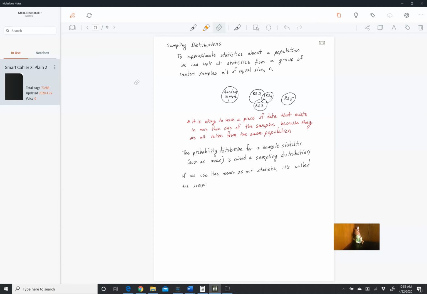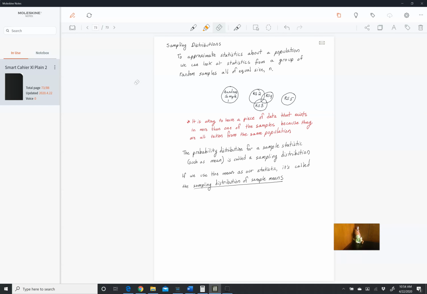Again, this will become a little bit clearer when we do an example, and this is really what we're going to be working with throughout this lecture.